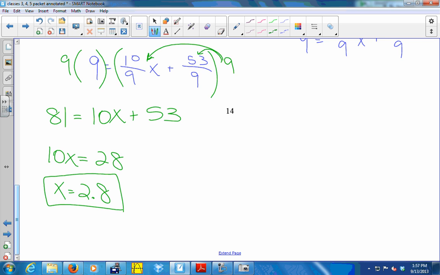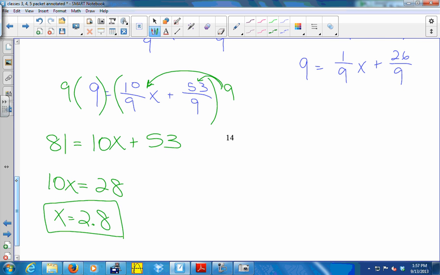Let's see what it would take for the high humor group to get that same response. So this equation also has 9s in the denominator, so I'll use the same approach, multiply both sides of the equation by 9. Okay, 9 times 9 is 81. 9 times 1/9 x is just x, the 9s cancel. And then 26 over 9 times 9, the 9s cancel, and I get 26.